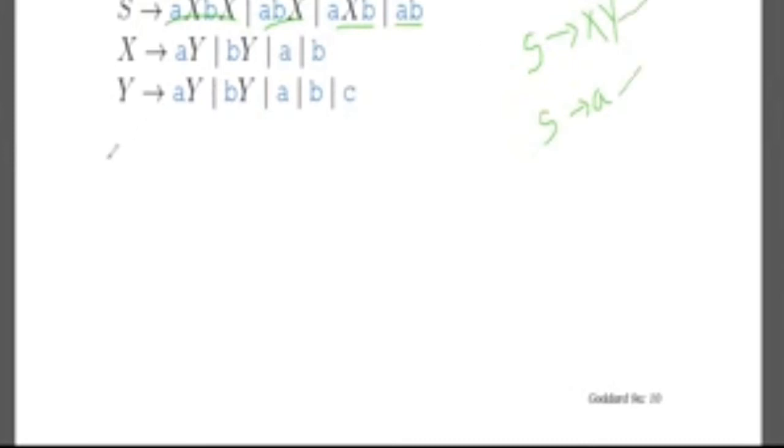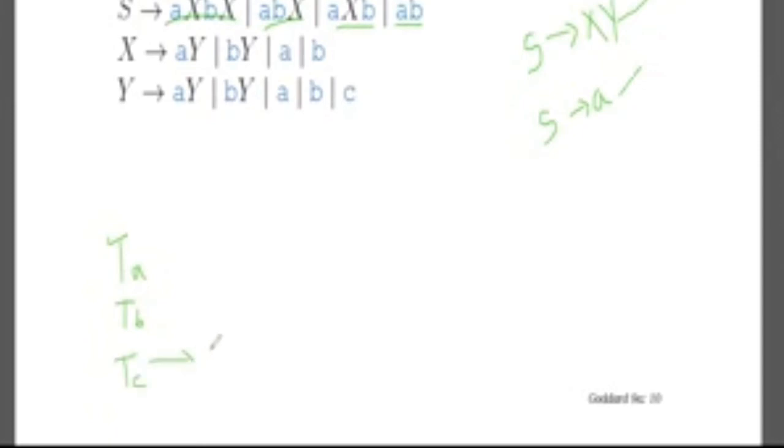So now what do we do? We need to replace these things. So what I do here is I'll take three variables. Let us call them TA, TB, and TC.